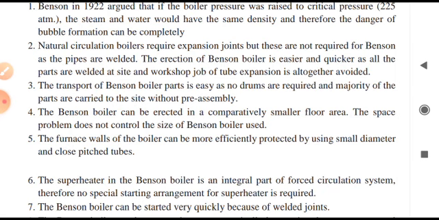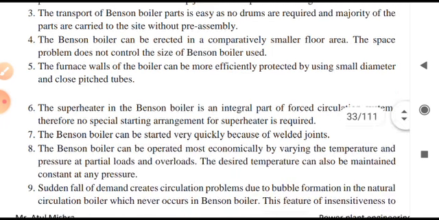The transport of Benson boiler parts is easy, as no drums are required, and the majority of the parts are carried to the site without pre-assembly. The Benson boiler can be erected in a comparatively smaller floor area. The space problem does not control the size of the Benson boiler used. The furnace walls of the boiler can be more efficiently protected by using smaller diameter and closed pitch tubes.